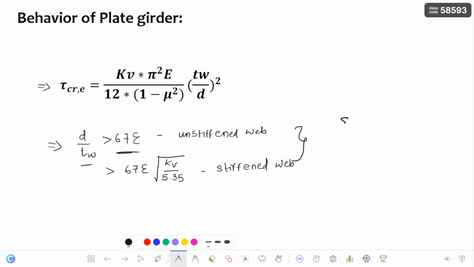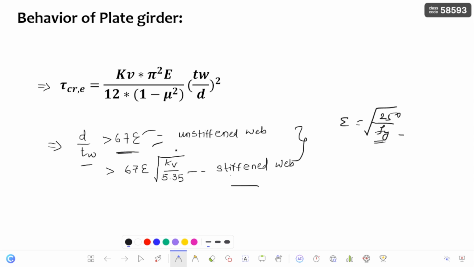Epsilon, you all know, is the square root of 250 by fy, where fy is the grade of the steel. For the unstiffened web, shear buckling shall be verified whenever the depth to thickness of web is greater than 67 epsilon. And for the stiffened web, when we provide transverse stiffeners or longitudinal stiffeners, it is called a stiffened web. If you are not going to provide any stiffeners, then it is the unstiffened web. So shear buckling has to be verified whenever it exceeds these limits.